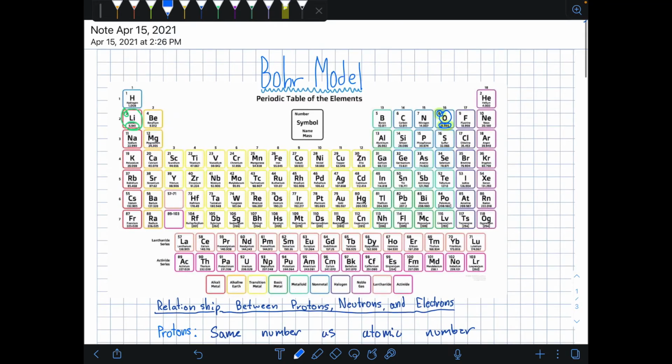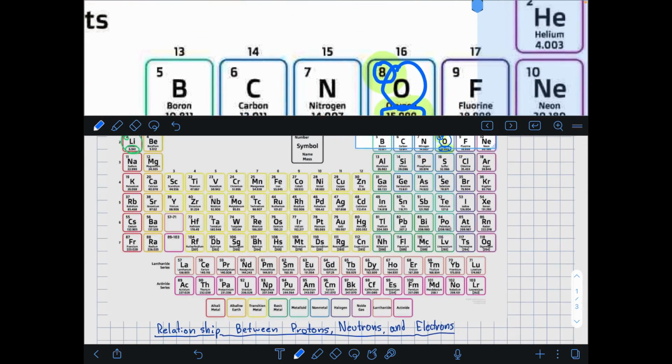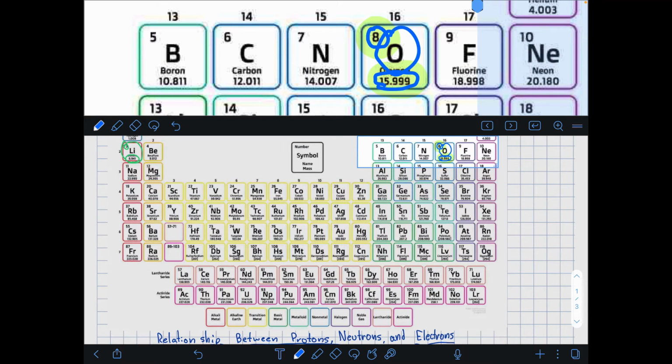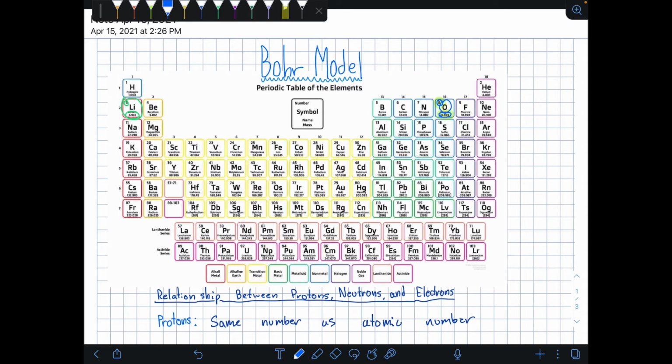So let's just use something like oxygen for our example. Let's find our number of neutrons, protons, and electrons for oxygen first.